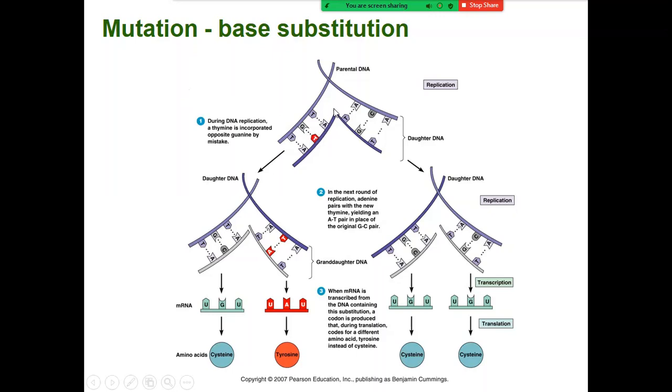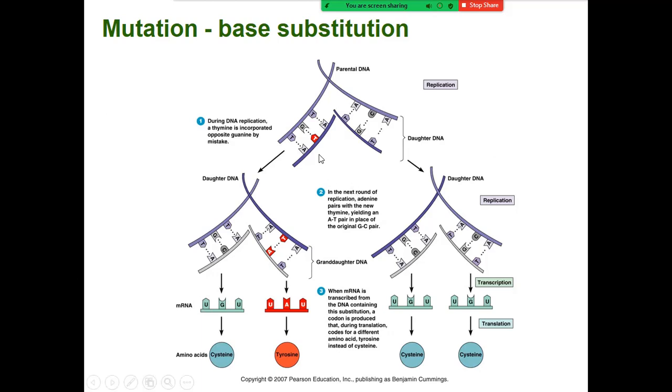In the replication of DNA, sometimes mistakes get made, not very often, but occasionally. If the wrong base is put in there and it's kept, then that will be a mutation. After this gets replicated, there will be no way to correct it.